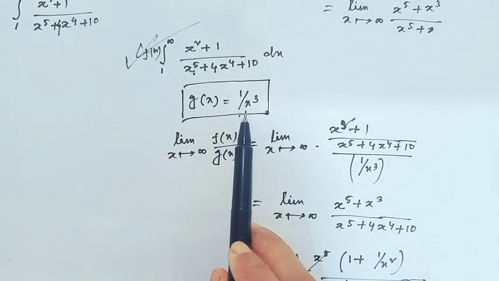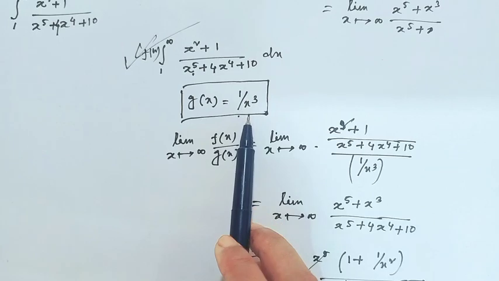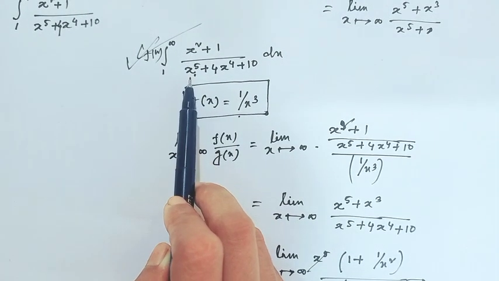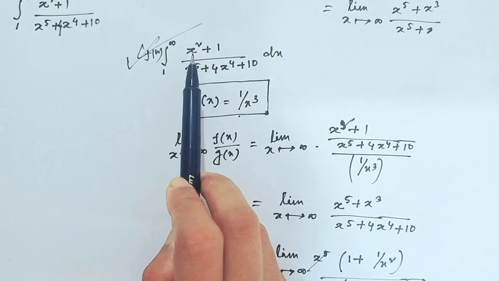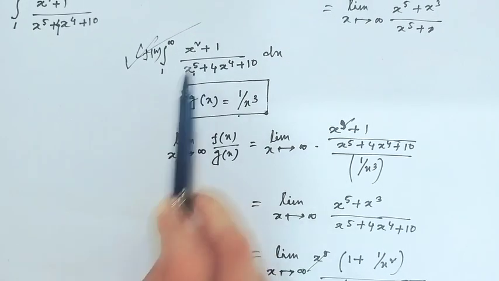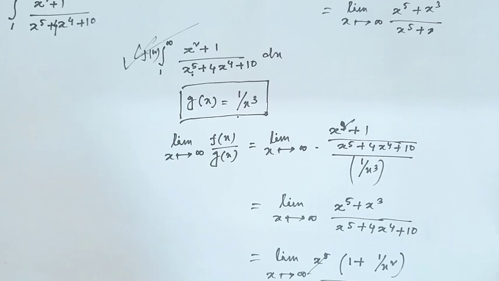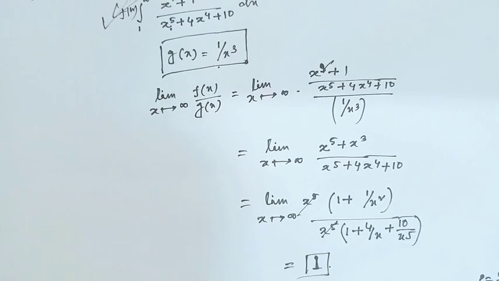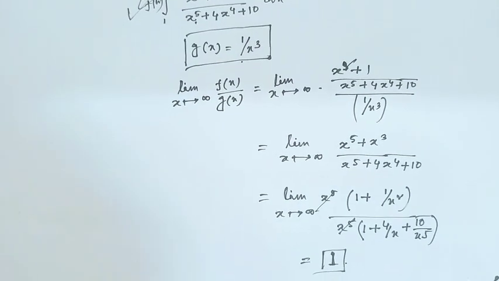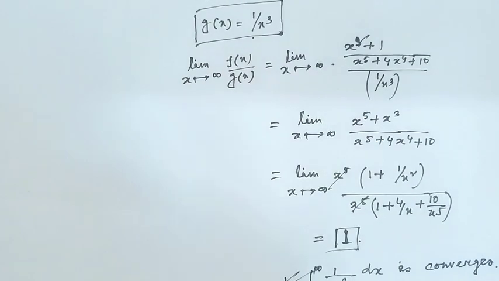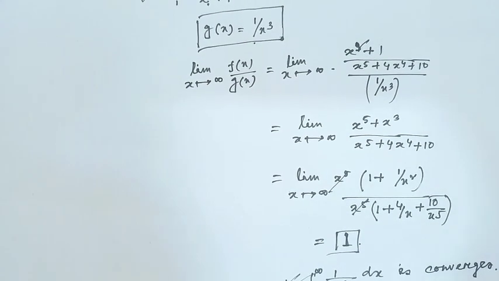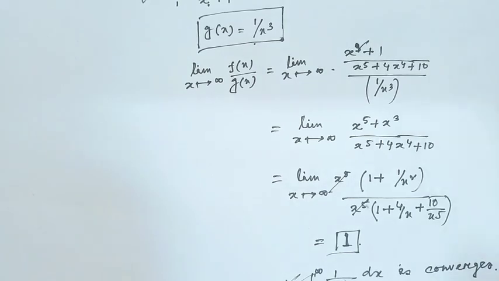If we consider g(x) equal to 1 over x cube, then the highest power of x in the numerator and denominator would be the same. Then we can evaluate the limiting value. The limit as x tends to infinity of f(x) over g(x), we can evaluate easily. I hope all my viewers have understood the limit comparison test easily.